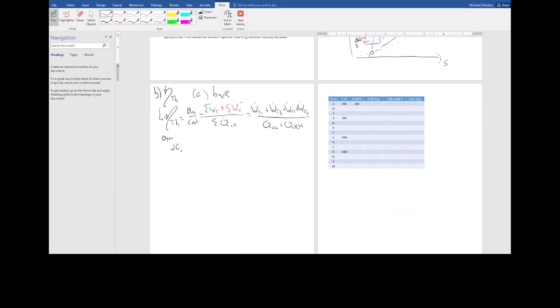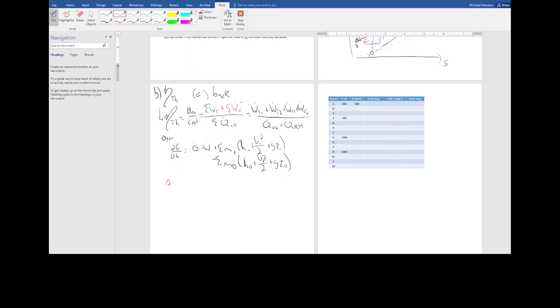So dE by dt is equal to Q dot minus W dot plus the sum of m dot in, h in plus V in squared over 2 plus gz in, minus the sum of m dot out, h out plus V out squared over 2 plus gz out.